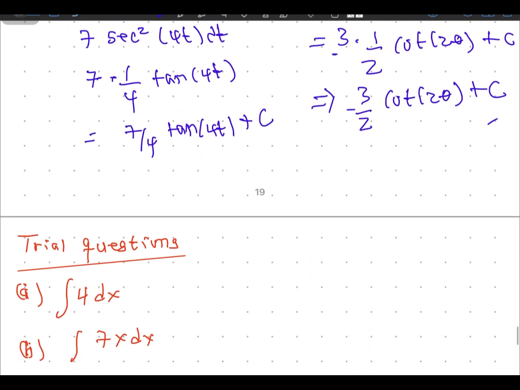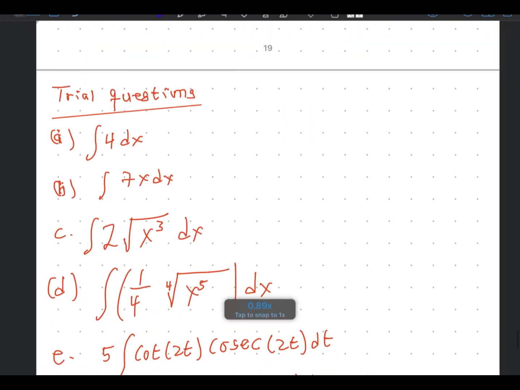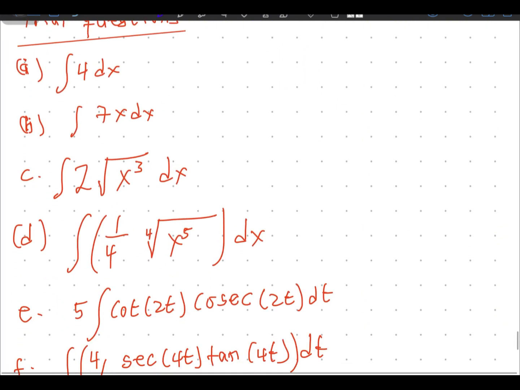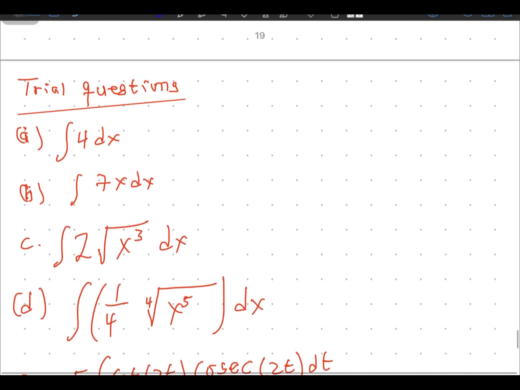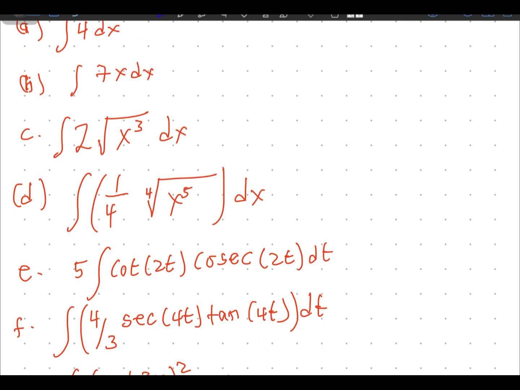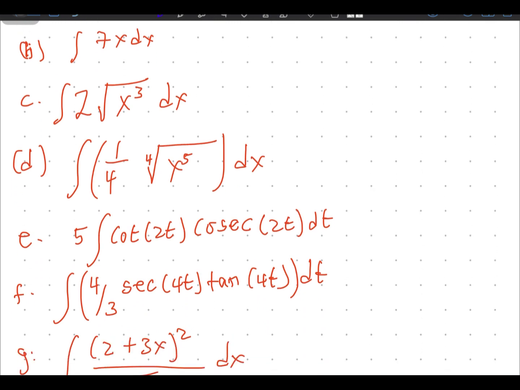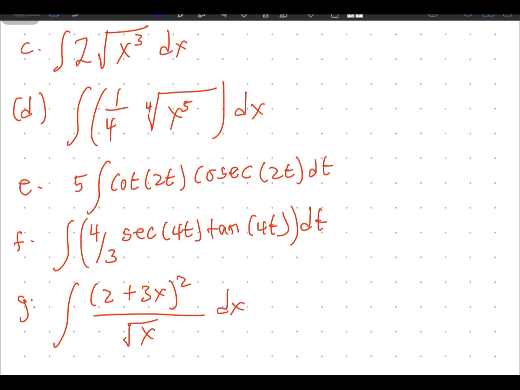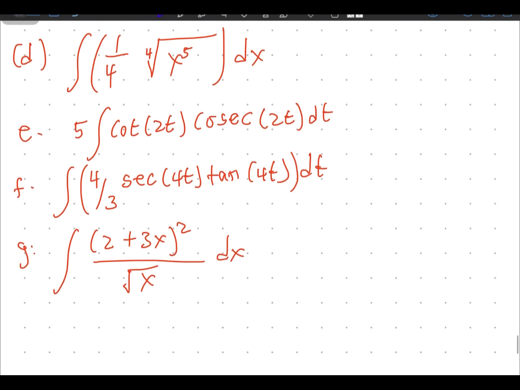I'll leave these trial questions for you to try. Try your hands on it. The first one is the integral of 4 dx. The next one, the integral of 7x dx. The integral of 2 square root of x power 3 dx. The d is the integral of 1 over 4 multiplied by the fourth root of x power 5 dx.